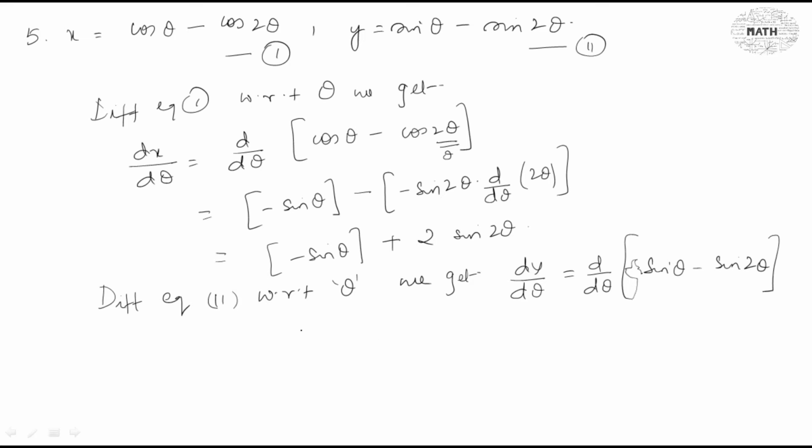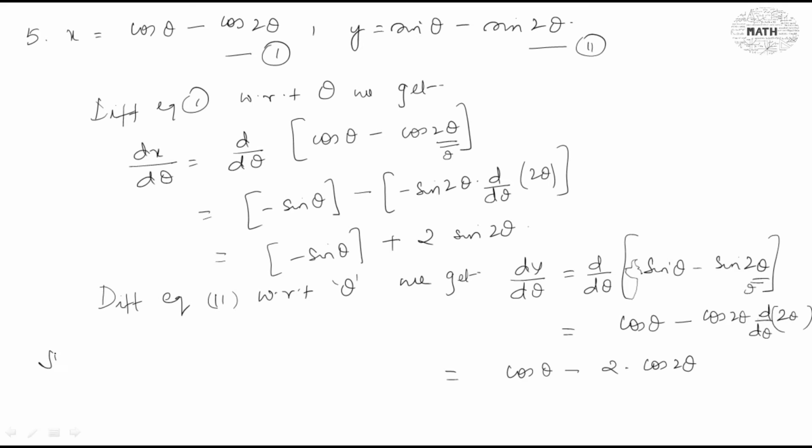So that will be nothing more than, d by d theta of sine theta is cos theta. Similarly, d by d theta of sine 2 theta will be cos 2 theta into d by d theta of 2 theta, because I'm considering this one to be your theta. So I'll get your answer to be nothing more than cos theta minus 2 cos 2 theta. Why? Because d by d theta of 2 theta is 2. I hope you get it there.